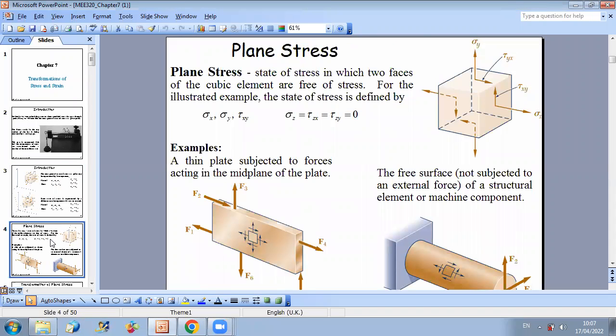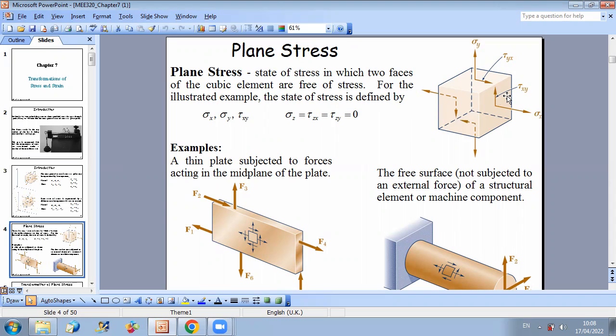To start with, one of the main types of stresses is plane stress. When we talk about plane stress, it's the case where we have 2 faces of the cubic element that are free of stresses. So you can say that all forces and stresses can be defined in one plane.